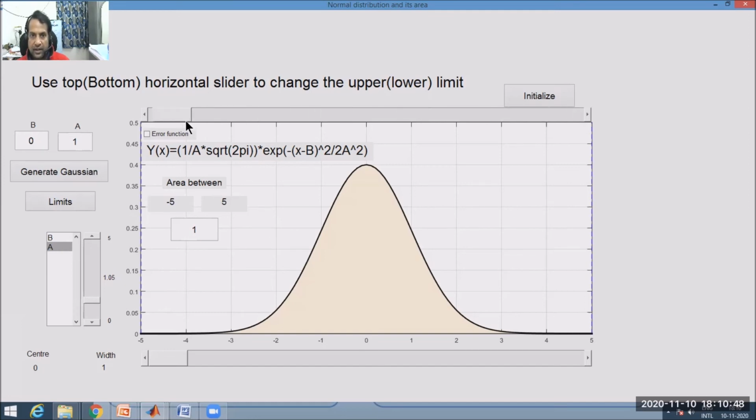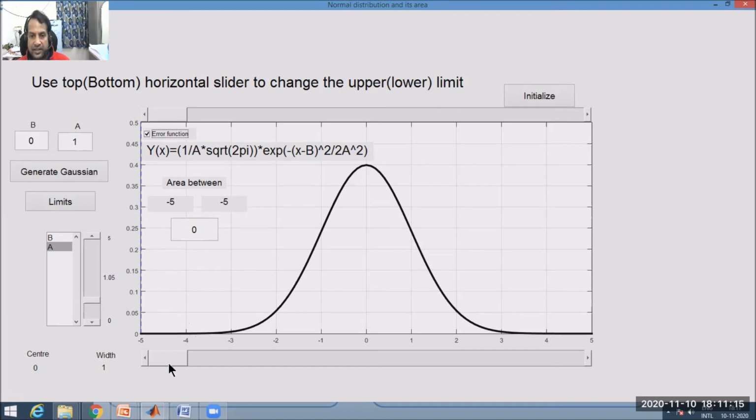So another interesting visualization we see is, given a function, how do we know it's a Gaussian or not? For that, the area under the curve is known as error function, that is the integral from minus infinity to a certain upper limit. And if the upper limit is seen as a parameter that keeps on changing, how does the graph look like?